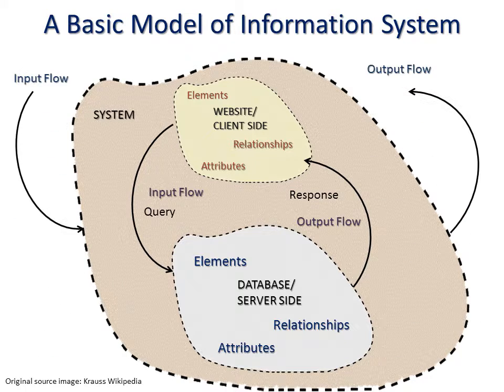So you input a flow, you input a query for instance, or you click a button and then you hope to receive something on the other side. So from the client side website you might input a query and then the response would be that it would do an output flow to the client side and then you would actually receive that.